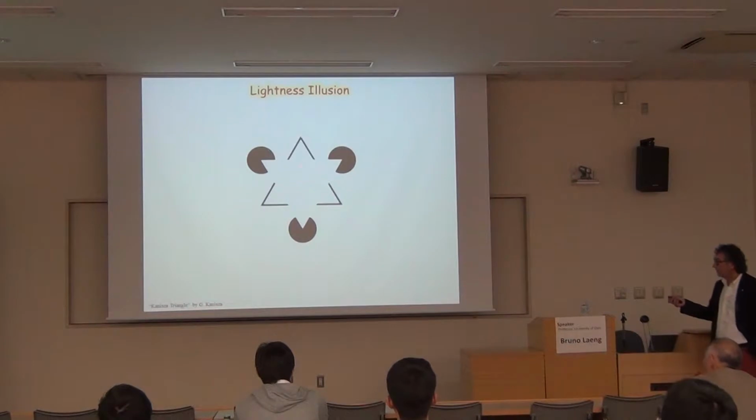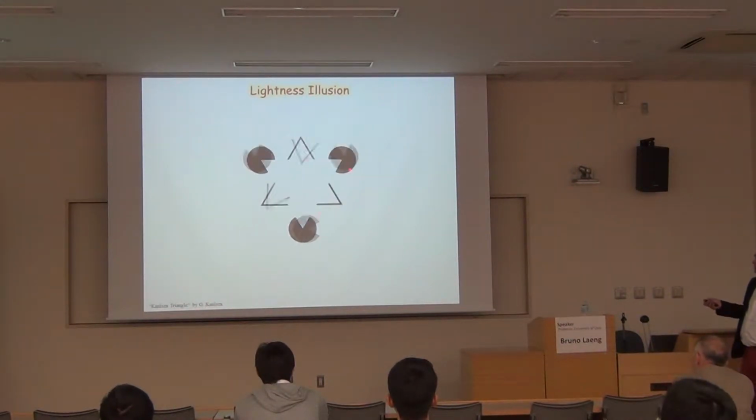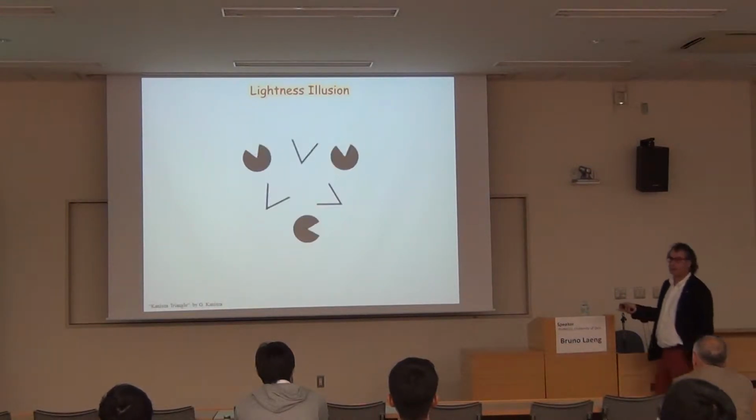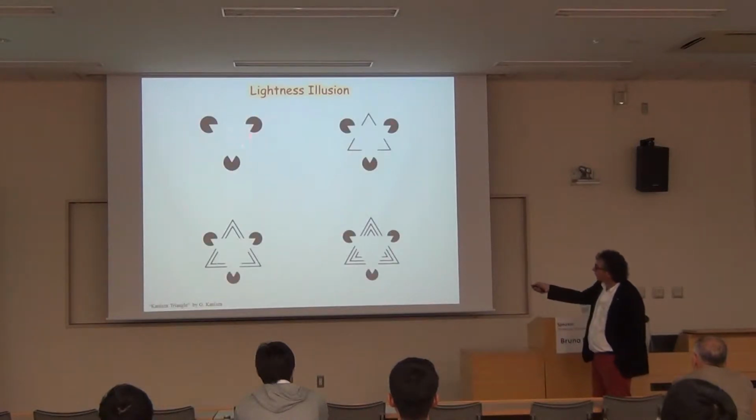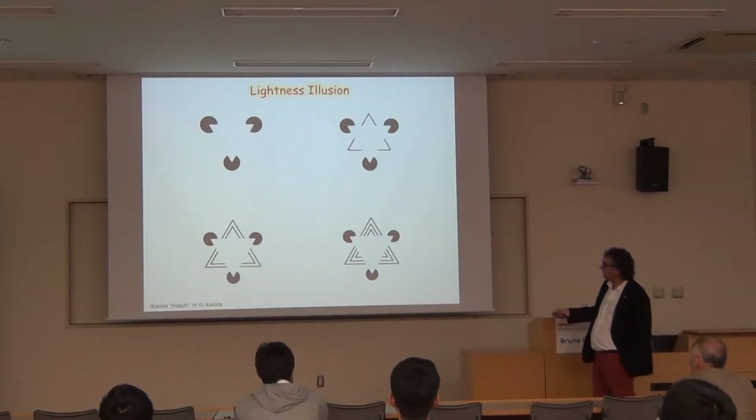When these elements, the Pac-Man, are in the correct orientation, we have a strong sense that there is a form there that is actually not there, a triangle, because we can even perceive contours, lines that are not there, and neurons, in fact, respond to these locations as if there was a line.